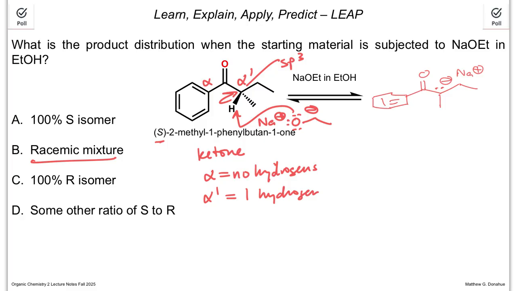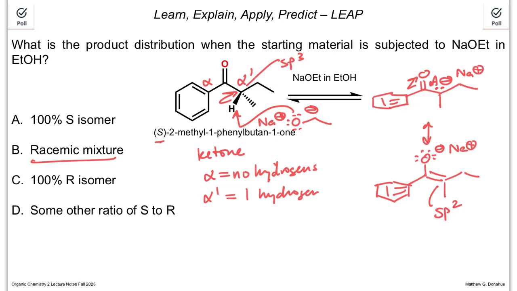So there's the carbanion resonance form. The hybrid is our enolate. So notice now this carbon is sp2 hybridized. It no longer has any sort of stereochemical information.